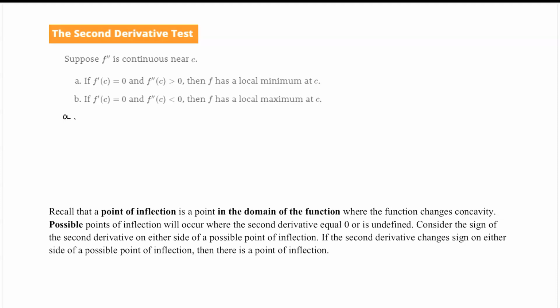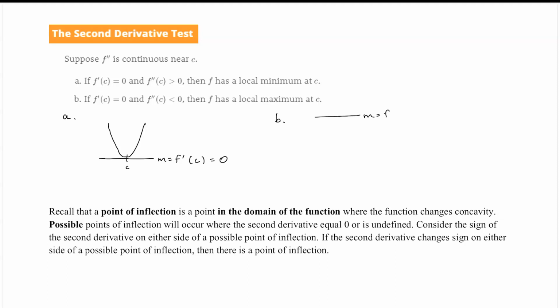Now we can use the second derivative also to check for maxes or mins. For example, in part A here, they say if f prime is equal to 0 and f double prime is positive, then f must have a local min at c. Why should that be? We have a horizontal tangent line, the slope of the function is 0, but the function is also concave up.